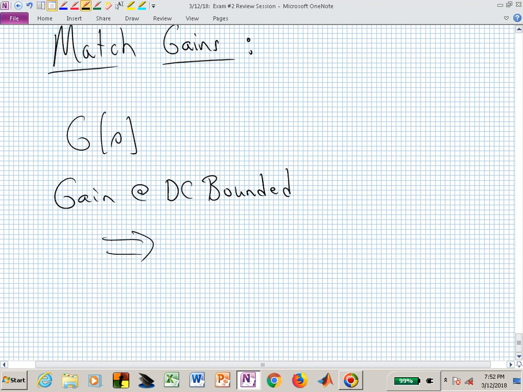That means if you evaluated this h of s at DC, you'll get a finite number. It won't go crazy on you. It won't go unbounded. If this is the case, where do you match the gains? Match at DC.